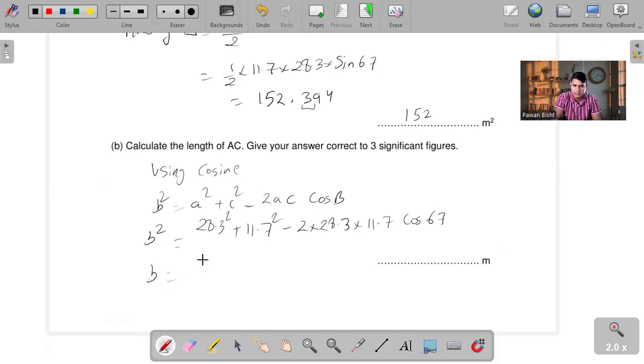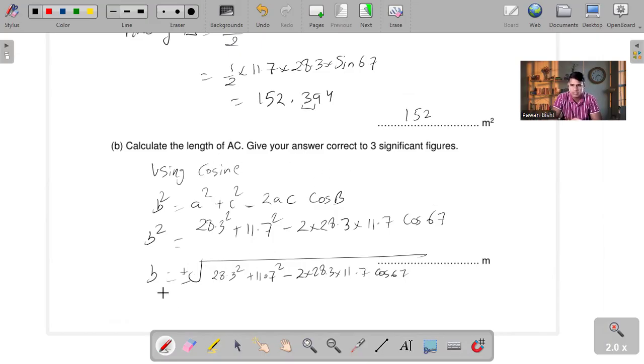Now to find B, we take the square root of this whole expression. Whenever we take the square root, we write plus minus, but since this is a length, my answer will be only plus because distance is always positive. So we consider the positive answer, and the negative answer we ignore.